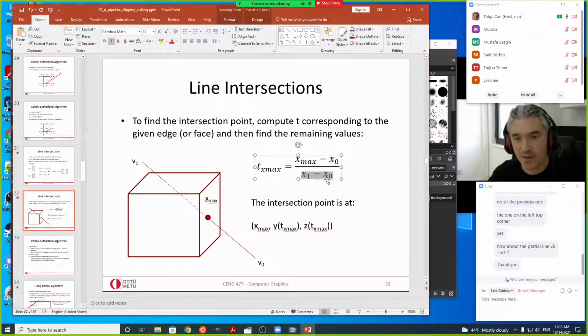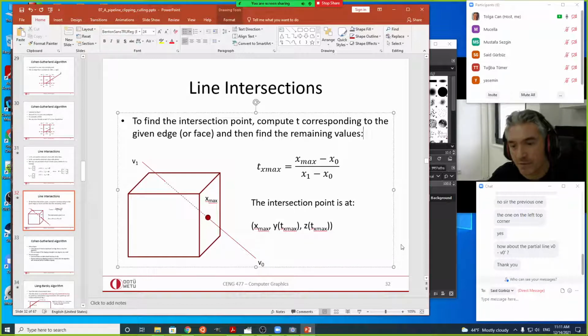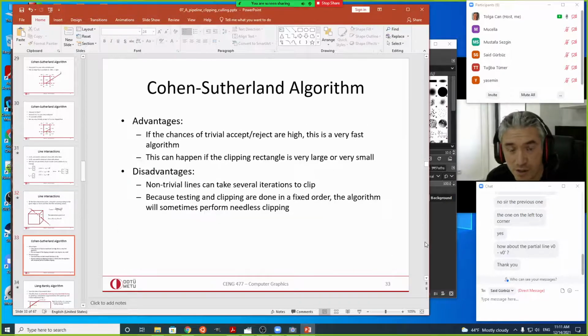So if you plug that in, xmax is equal to x0 plus tmax times (x1 minus x0). It's the same equation. After you find this tmax, you just plug it into the y and z equations to find your intersection point. As you can see, the x coordinate of your intersection point is exactly xmax, and the others you find easily with the parametric line equations.